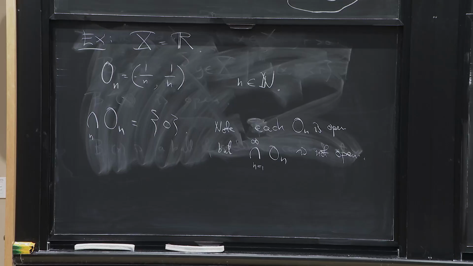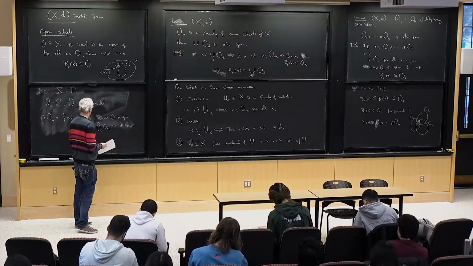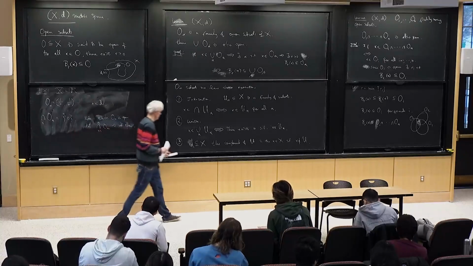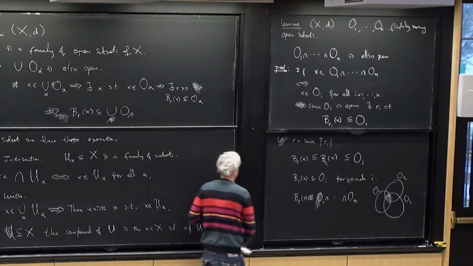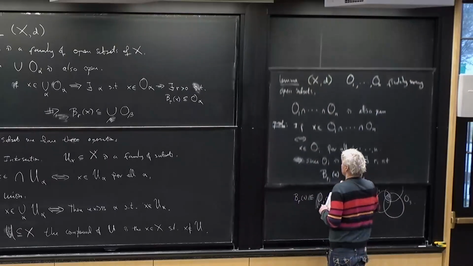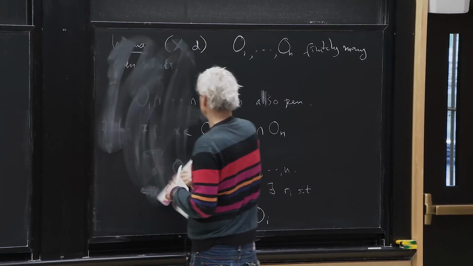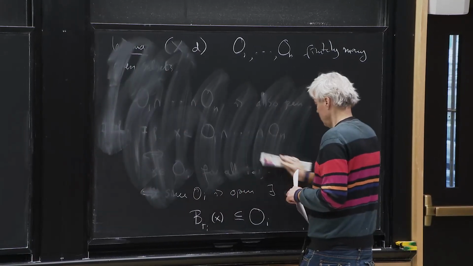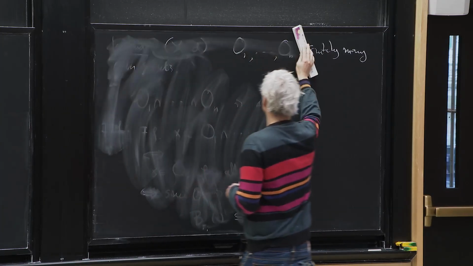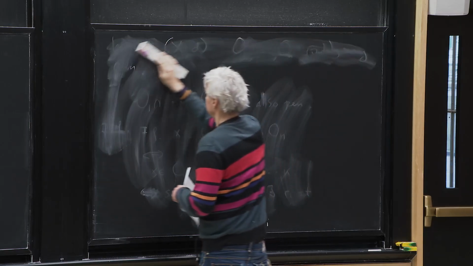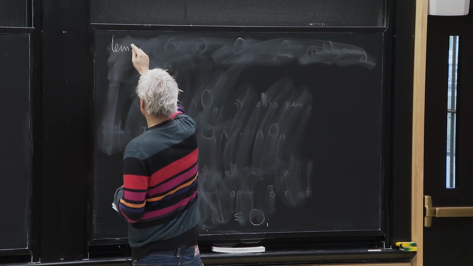Okay, now one of the things we proved last time was that if you take a ball, then it is actually an open set. Let me prove a variation of that. So let's have a lemma here.